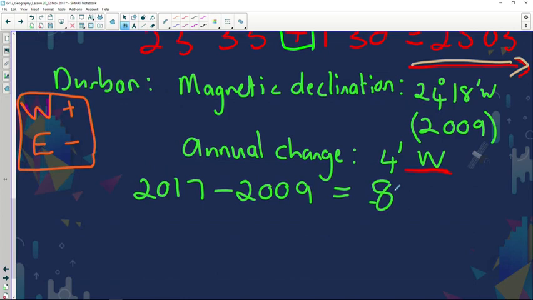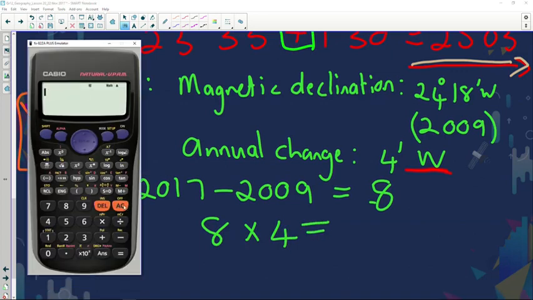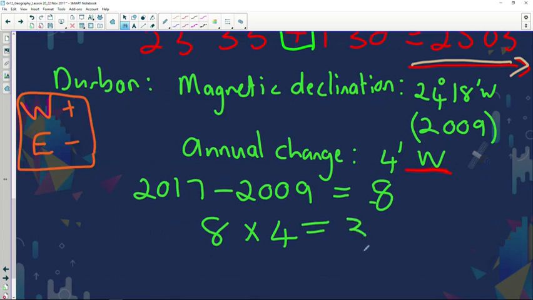And obviously we need to calculate the annual change, how the magnetic declination changes every single year. 8 times 4 equals, let's work our calculator again, 8 times 4 gives us 32. So that's 32 minutes.